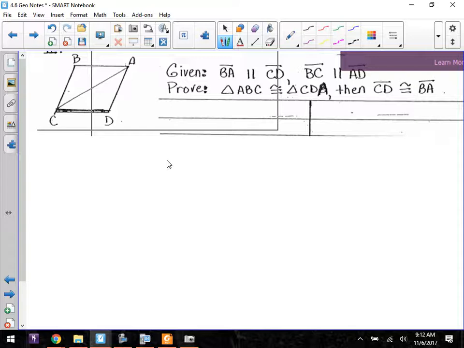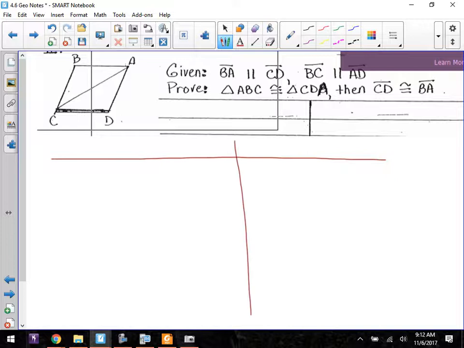Here's what I mean. We have our given statement: BA is parallel to CD. Remember, then it's a matter of going to the diagram. There's your parallel.